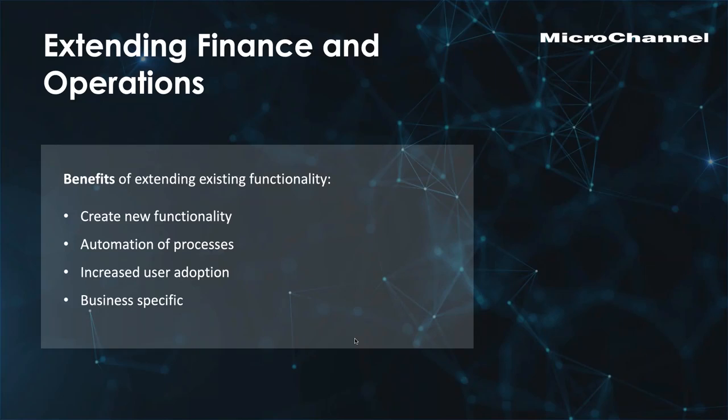And as we saw, you can address a really business-specific need, because not every customer will need to create an app like we did. So this is really to target your business-specific need, because we know that your business is unique. So this is mainly what I have to say about extending Finance and Operations with Power Apps.